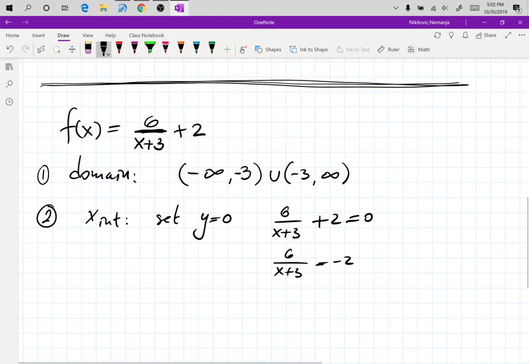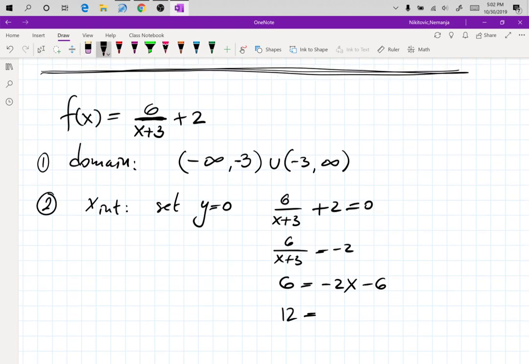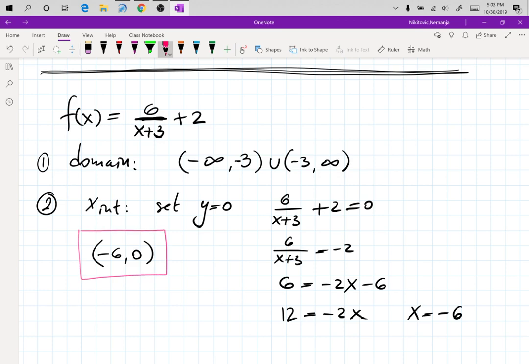You cross multiply, you get 6 is equal to -2x minus 6. 12 equals -2x, x equals -6. So x-intercept is at -6, 0. Now, this is a point that you will be graphing. So I like to box all of the things that I am going to put on the graph so I can find them quickly.